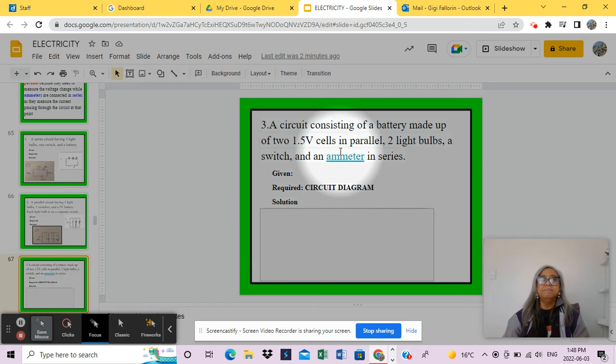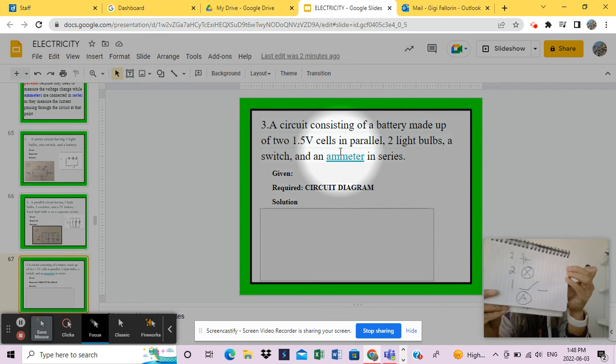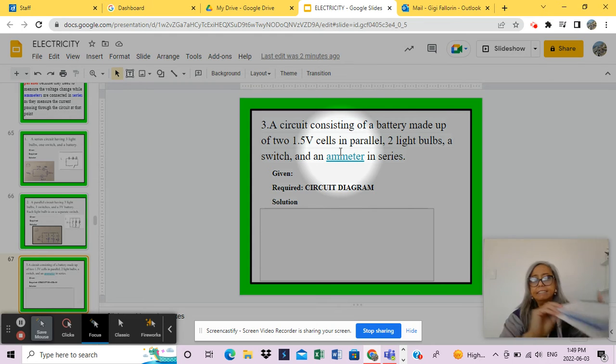What else? You have two light bulbs and a switch. And you have the idea of an ammeter. So all of this should be part of your given, right? Two batteries, two bulbs, one switch, and an ammeter, right?